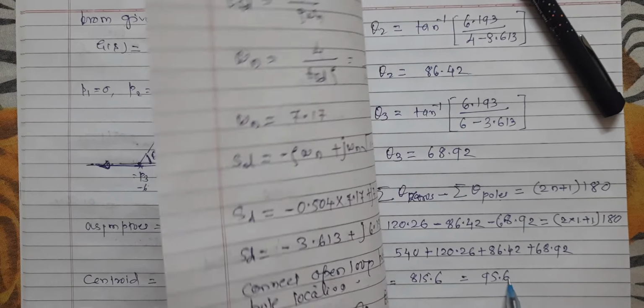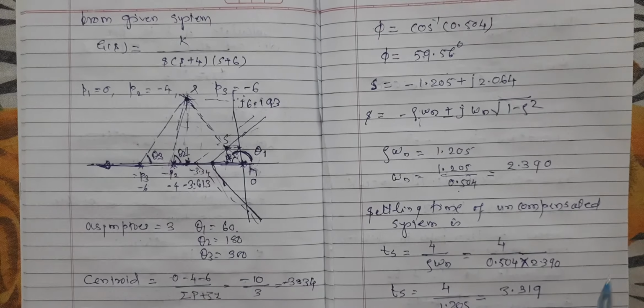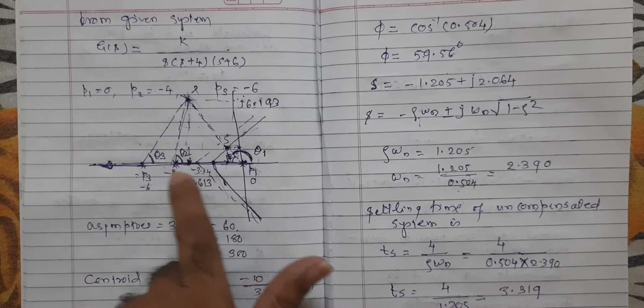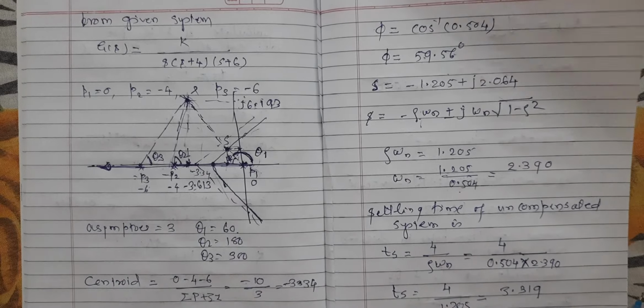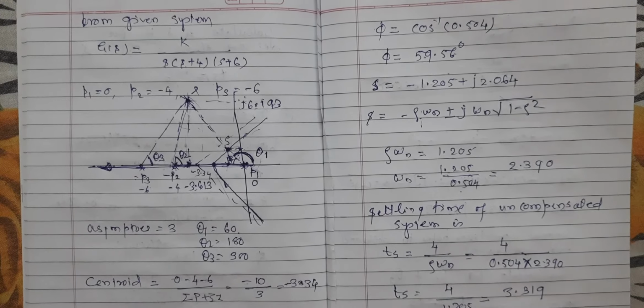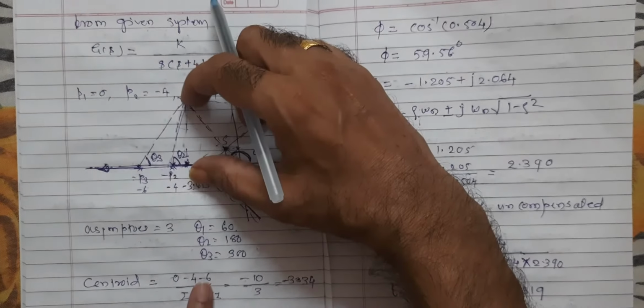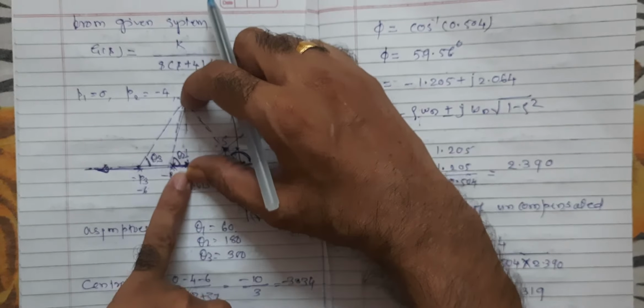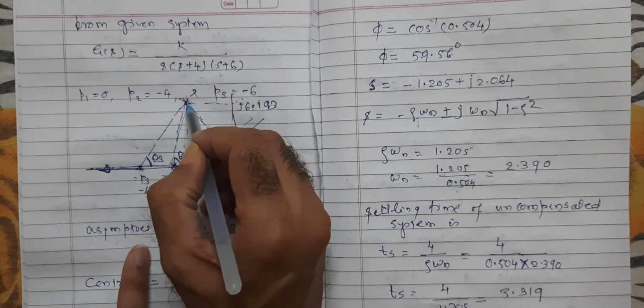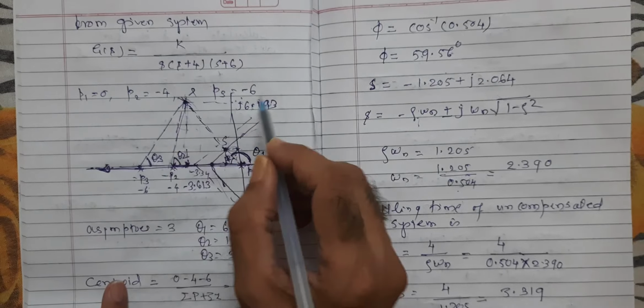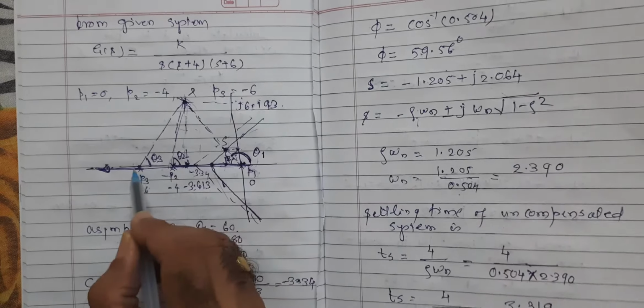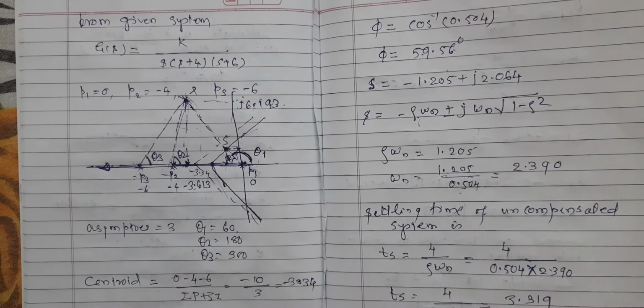But where has it to be added? This distance we know, the SD location is fixed, so this distance is 6.193, but we don't know the location on the x-axis.